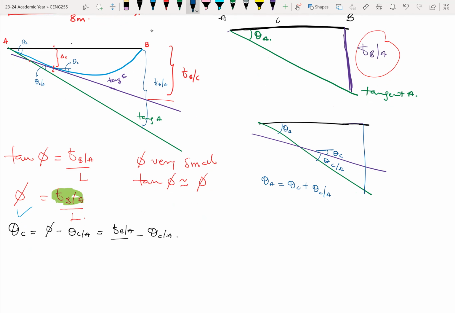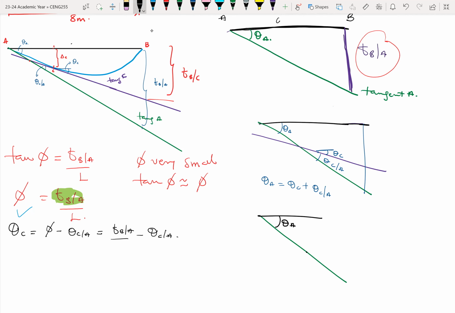Again, so let me do it this way. Let me just again use the same colors to show you. Okay, great. So we have here theta A. That much we know. And then let me put this over here. Okay.